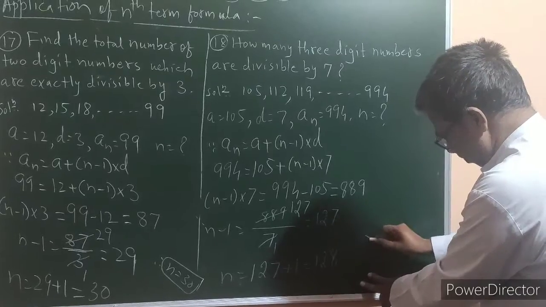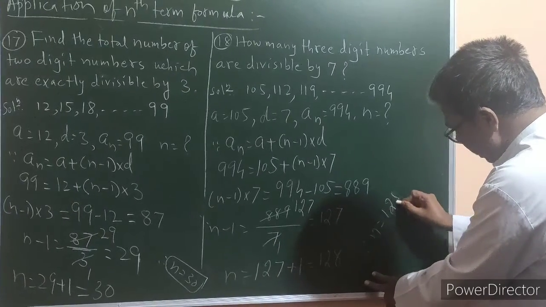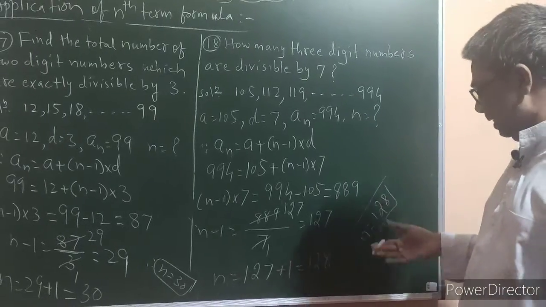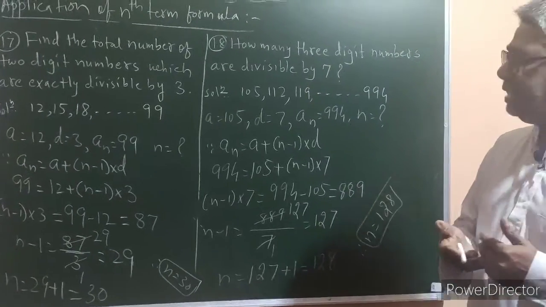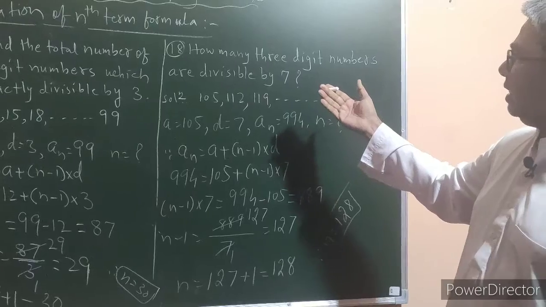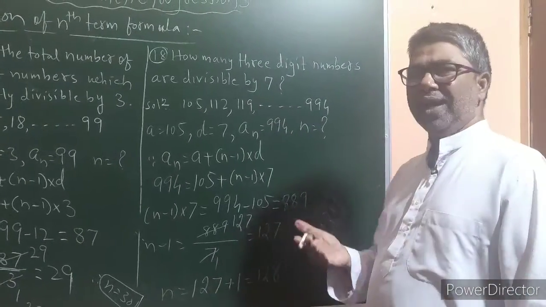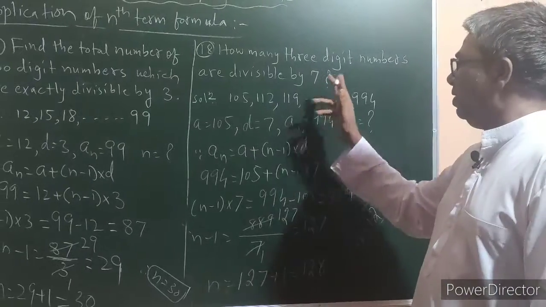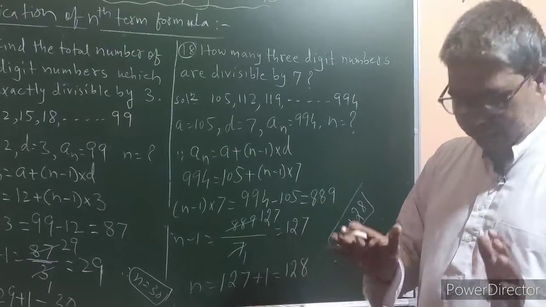So the value of n in this example is 128, which means there are altogether 128 three-digit numbers which are exactly divisible by 7.